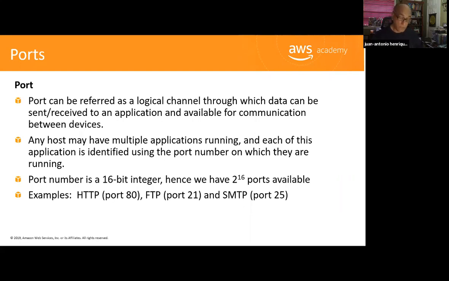For example, this is the relationship between protocol and port. The HTTP protocol uses a specific port, called port 80. Whenever you see port 80, it really means HTTP is being used, and whenever you see HTTP, it means it's using port 80. That's just a convention.